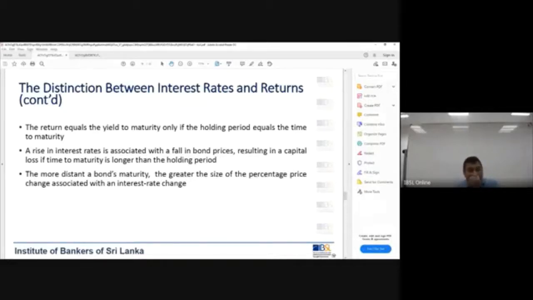Any rise in interest rates means prices decrease. So there is a negative relationship between price and interest rates: the lower the interest rates, the higher the prices; the higher the interest rates, the lower the prices.